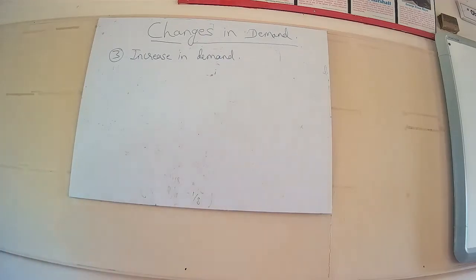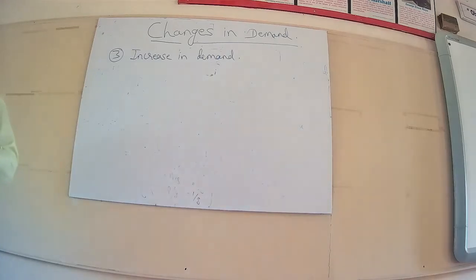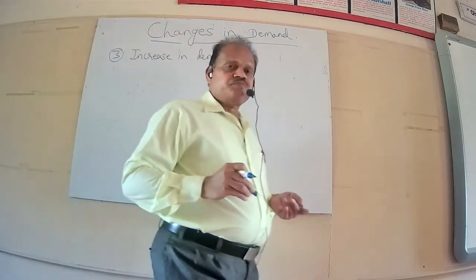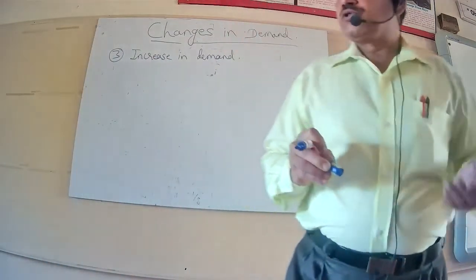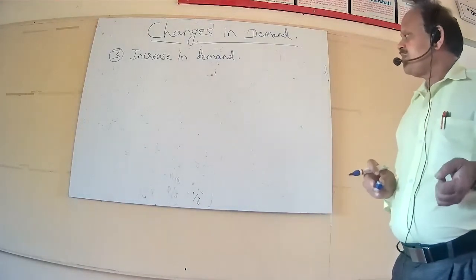You know very well, there are several factors influencing demand other than price. For example, level of income of the consumer, climatic condition, changes in the taste, preferences, and habits of the consumers, future expectations, prices of related goods. So these are the other factors influencing demand.